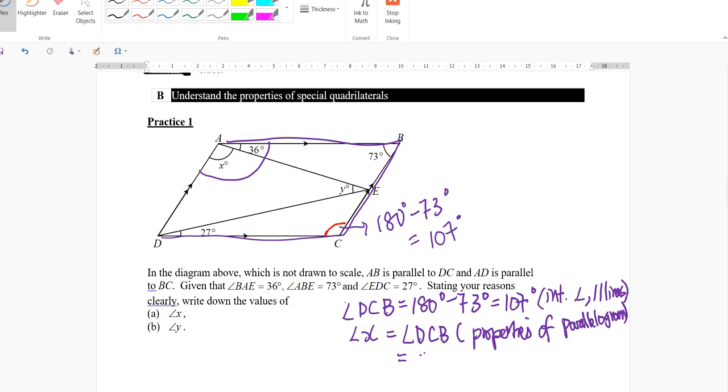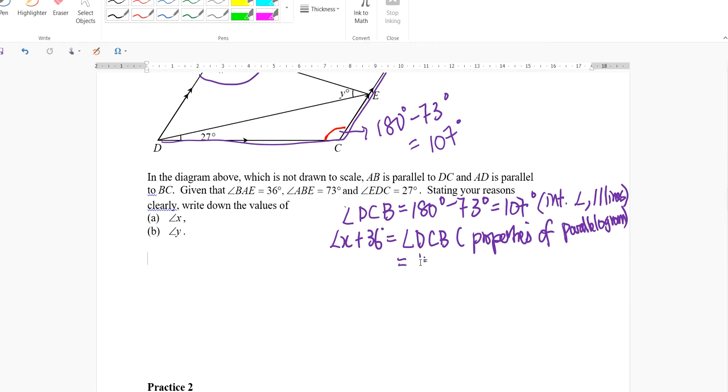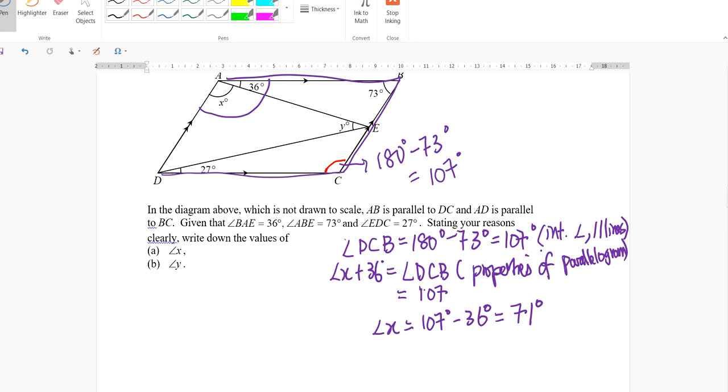So it's 107, angle x, sorry. So your angle x is 107 and you get your answer is 71 degrees. Okay? So this is how you answer for your part A.